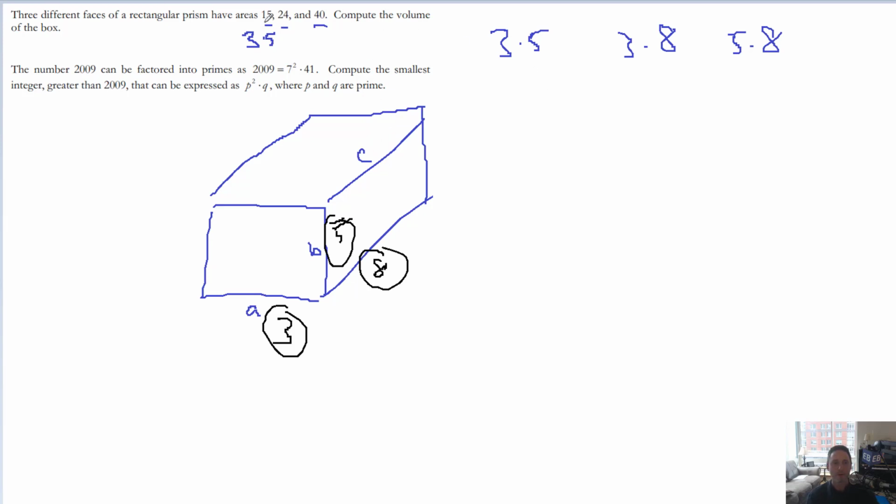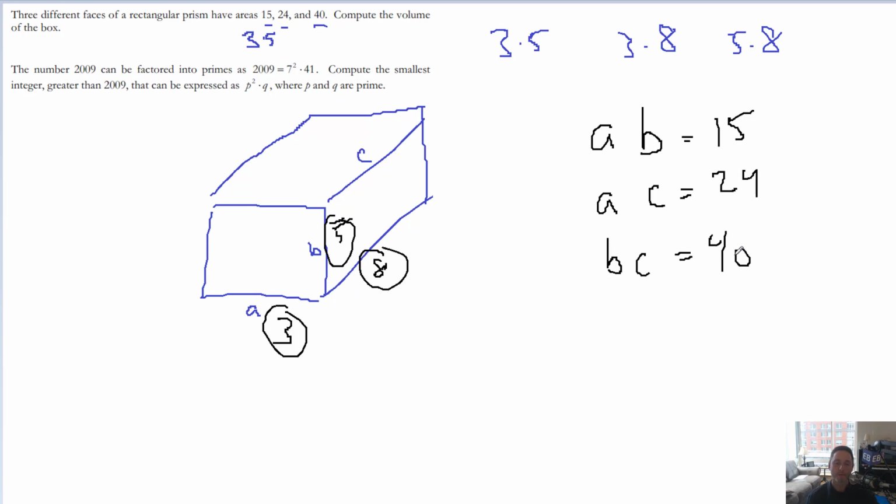All right. So if we know that AB equals 15, and that AC equals 24, and BC equals 40, then we could multiply them all by each other, right?